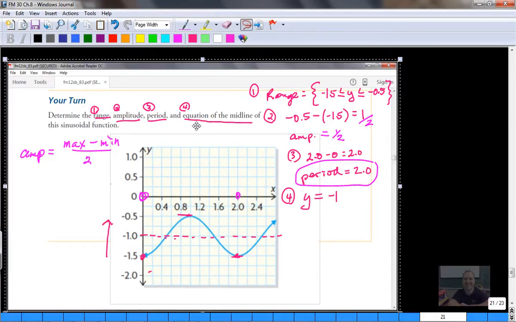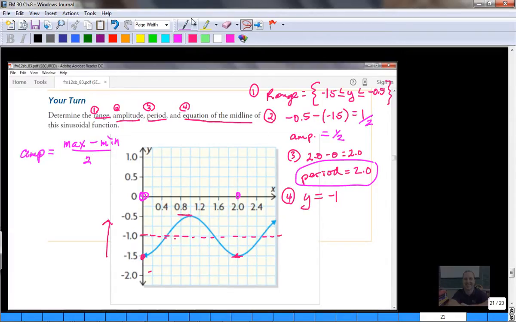And 4, finally, for the equation of the midline, again, that's just the line that cuts it right in half. So y equals -1. All right. Okay. Any further questions about that? All right.